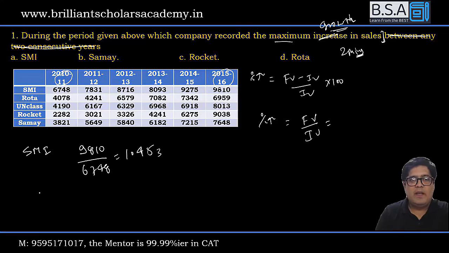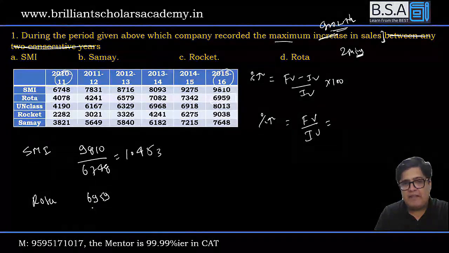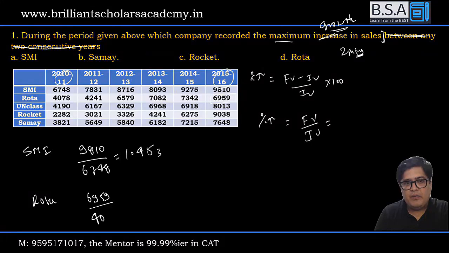If I look at Rota, what is the final value? 6959 divided by 4078. The value is 1.706.